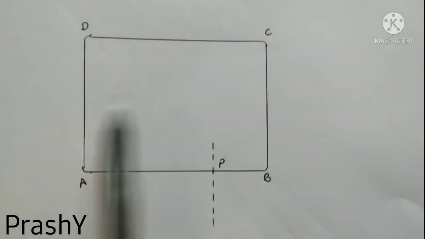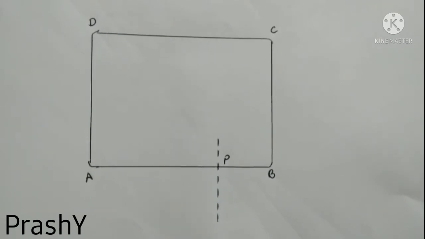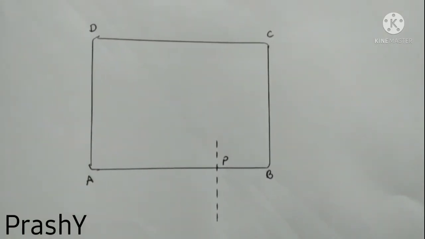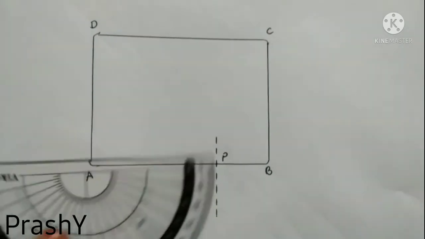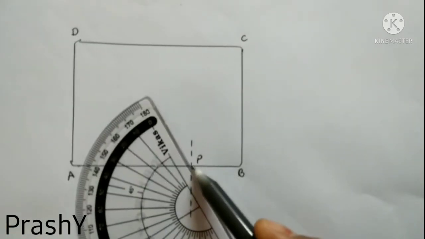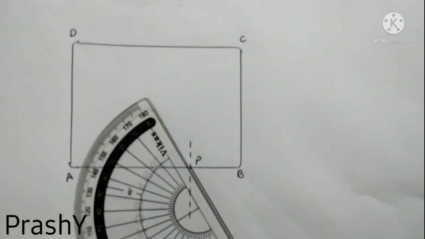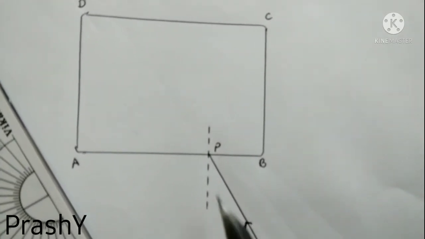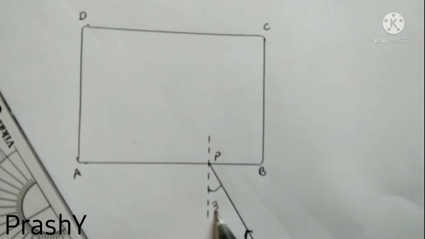Same process: placing the glass slab and tracing the outline. Now at the point P, draw a perpendicular line. At this point, using a protractor, mark an angle of 30 degrees. Exactly, this is 30 degrees. So now this will be my incident ray and the angle of incidence is 30 degrees.